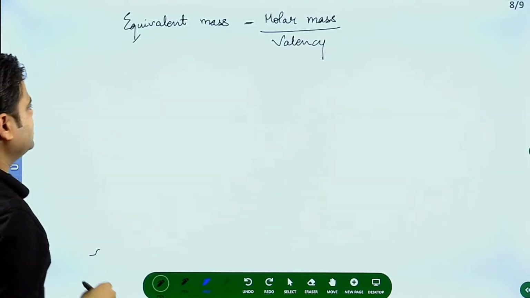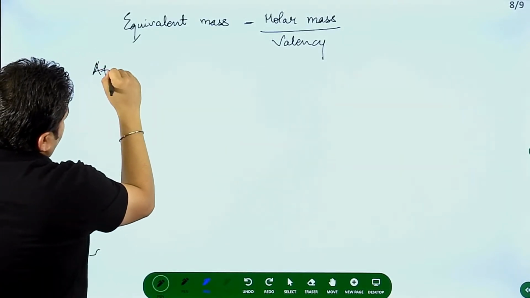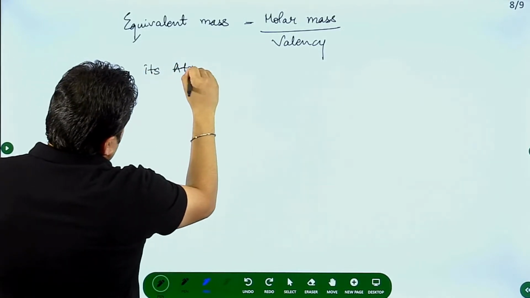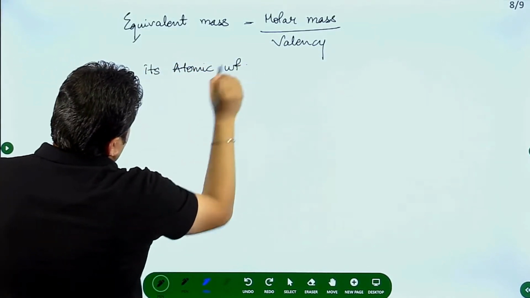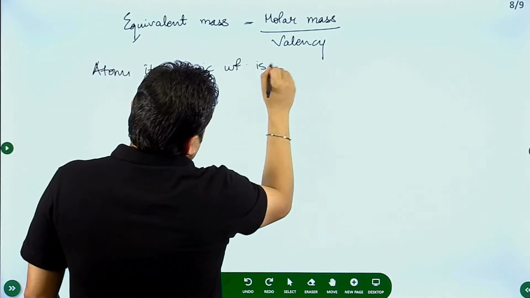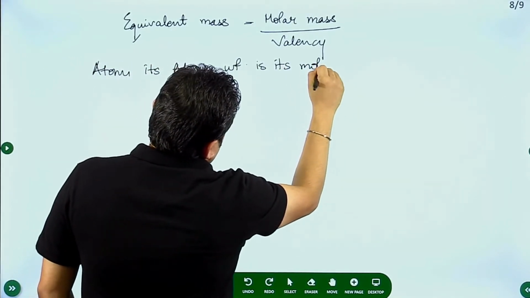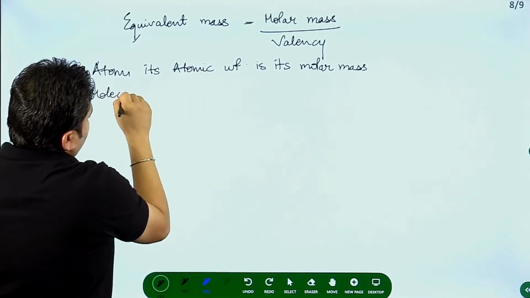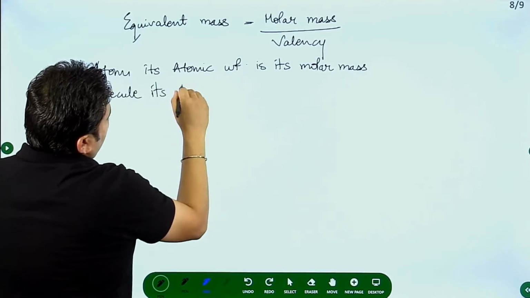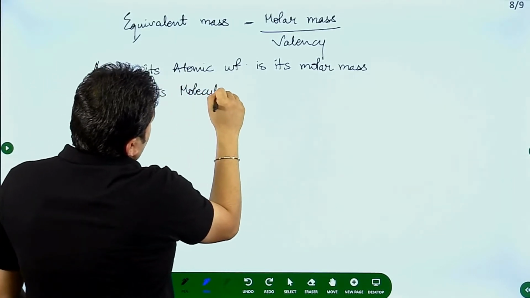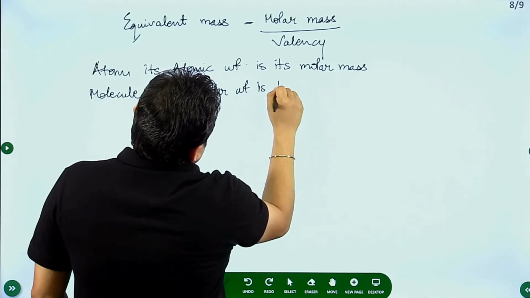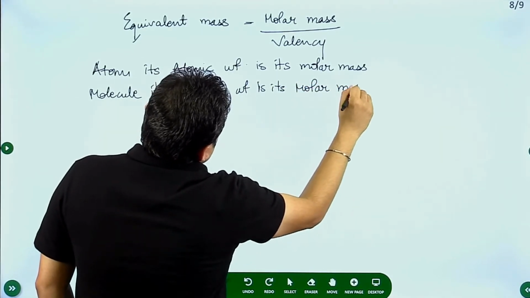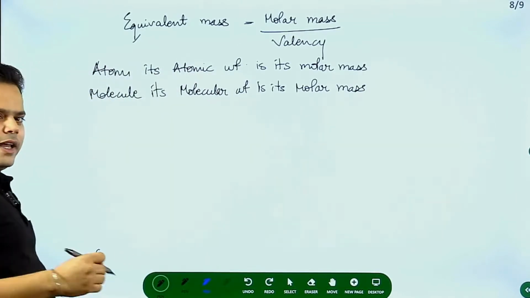Molar mass, for any atom, its atomic weight is its molar mass, and for any molecule, its molecular weight is its molar mass.